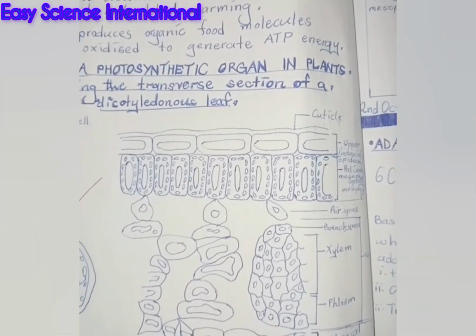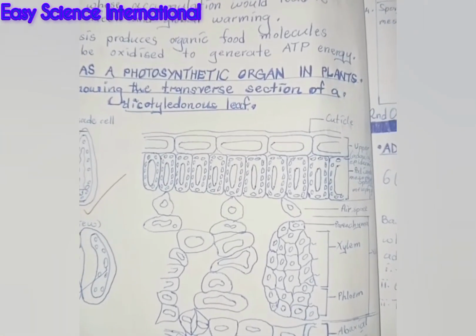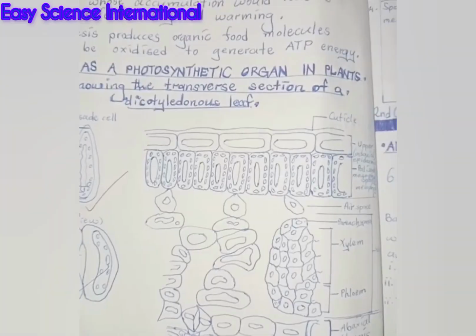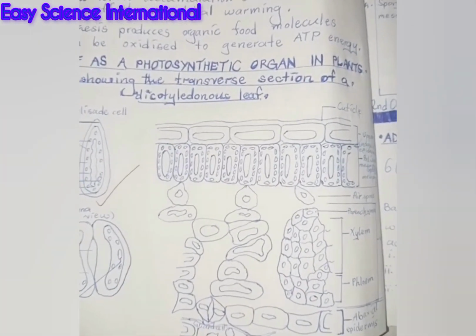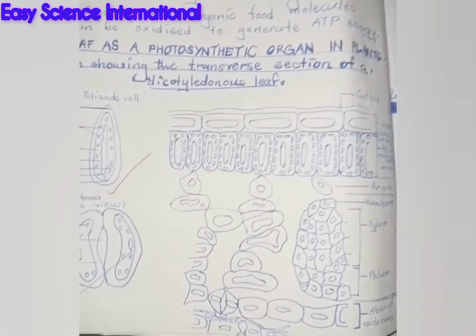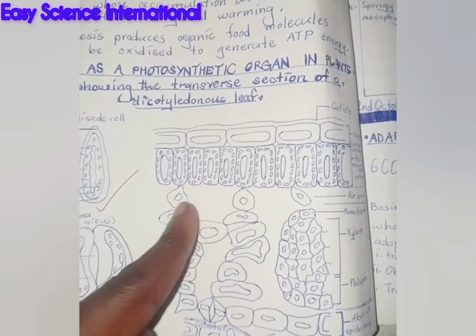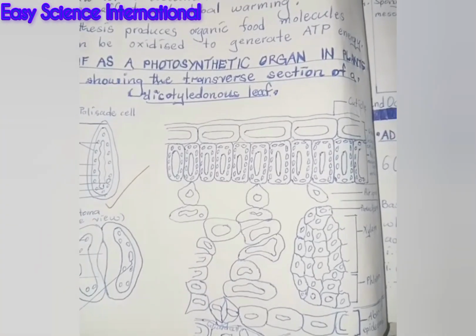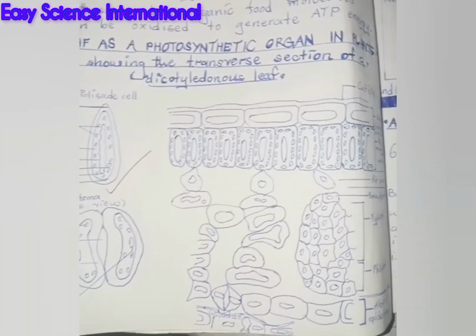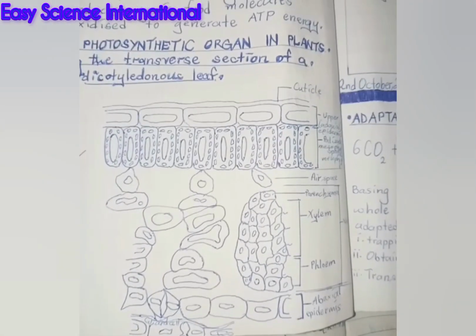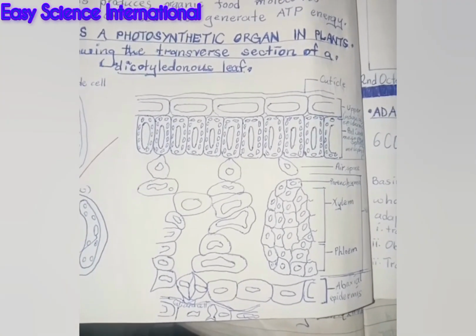Then beneath that, the irregularly shaped spongy mesophyll cells which make up the spongy mesophyll layer. Here we also have the xylem and the phloem vessels, as you can see around this part. Being irregularly shaped, when they are packed, they have air spaces which are created, and these are for the gaseous exchange of carbon dioxide and oxygen.